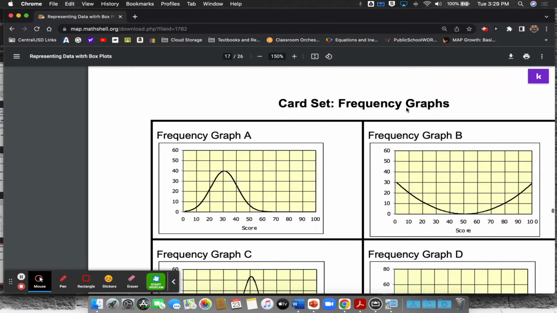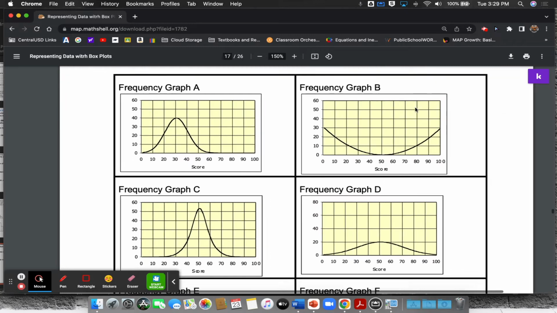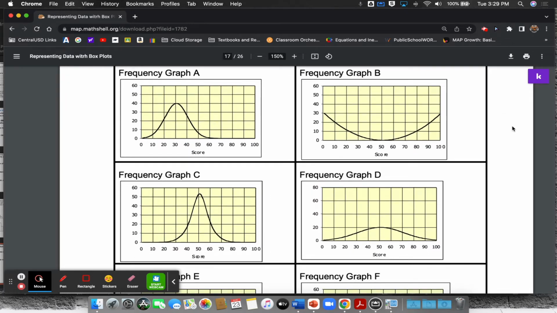I can fit 4 in here. So do any of these match 1 or 2? Would B match 2? What are we looking for with 2 again? We said high at the beginning and high at the end, right? That shows that. B fits.